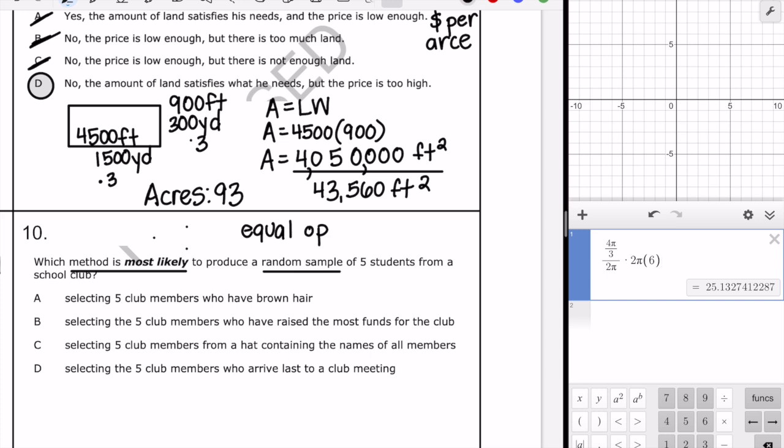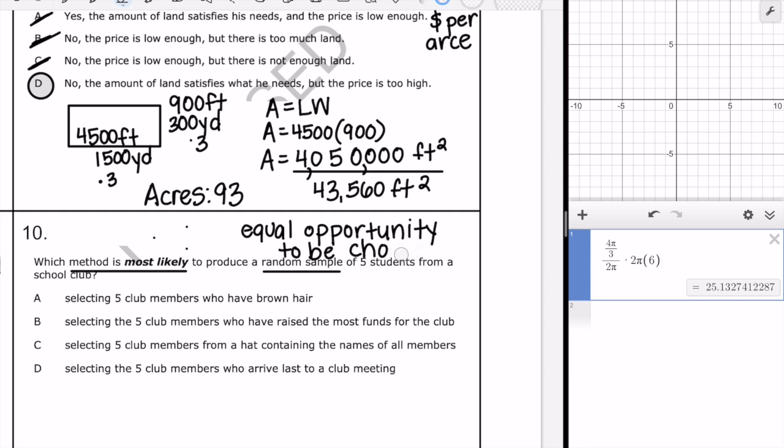So we have to see out of these options, which gives everybody an equal opportunity.